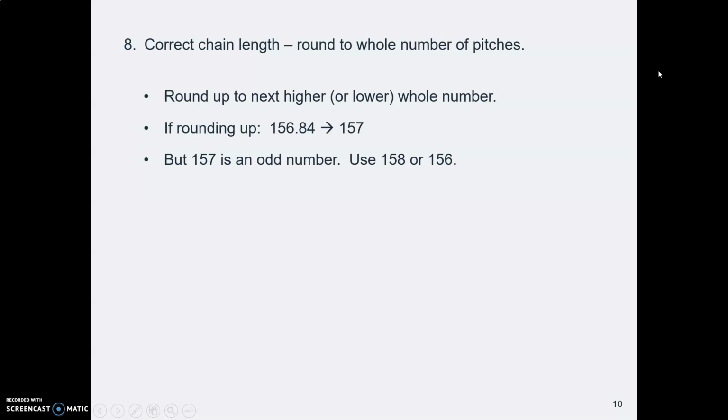That's an odd number, and if we go with 157 pitches, our customer is going to have an offset link. So why don't we round to an even number? We could go up to 158 or down to 156. Either one is okay. I know 156 is closer, so you might want to go there. There are so many pitches here, it doesn't matter a whole lot.